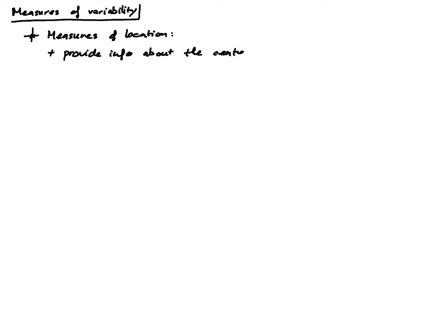Now we have looked at the measures of location, right? And although they're helpful, the measures of location don't tell us very much. In particular, the measures of location provide information about the center of the dataset, right?